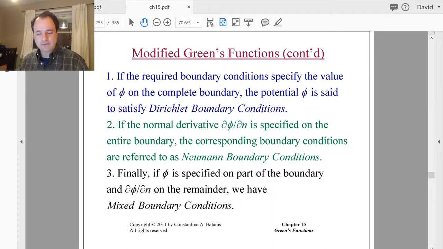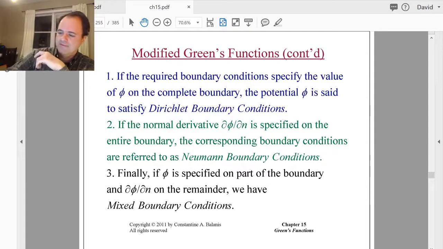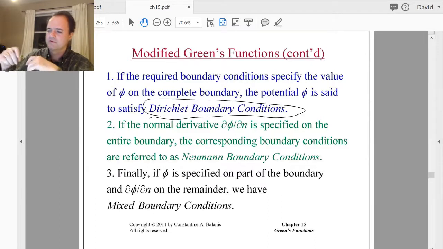So if the required boundary condition specifies a value of phi on the complete boundary, as we know, it is called the Dirichlet boundary condition.